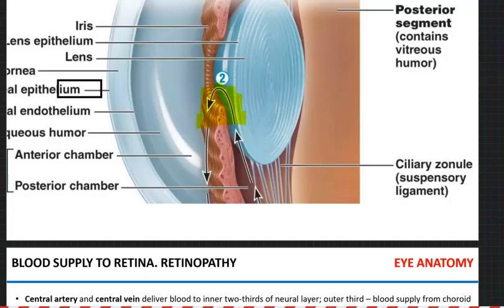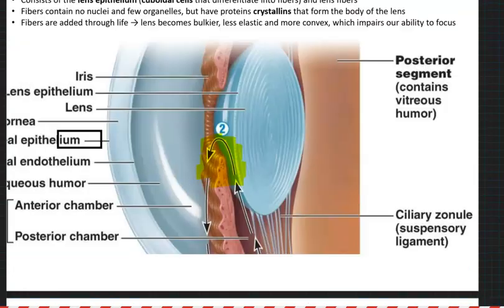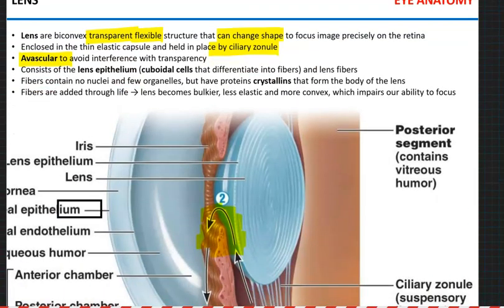These black arrows represent the flow of aqueous humor, okay? And cuboidal cells of lens epithelium will eventually form lens fibers, and these fibers are stretchable, elastic.